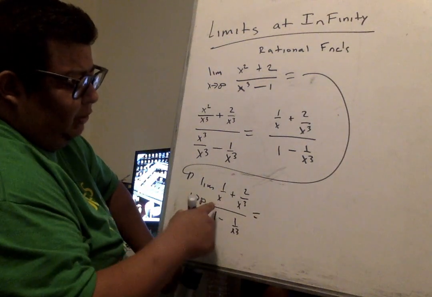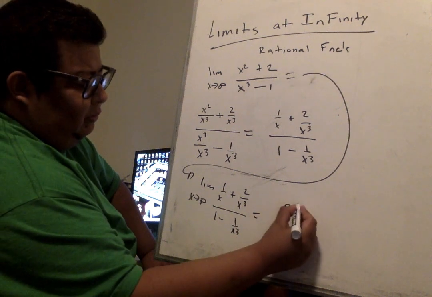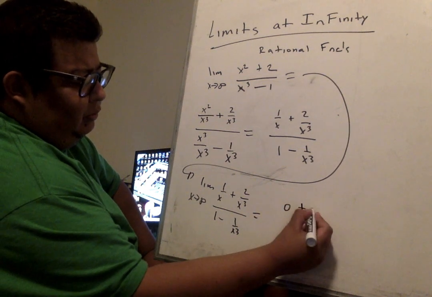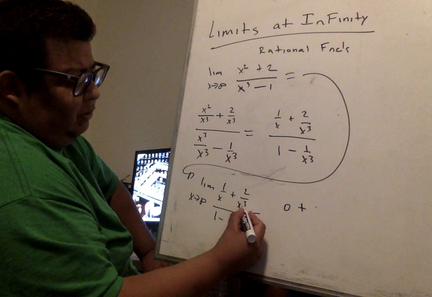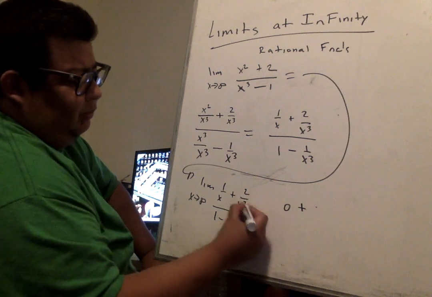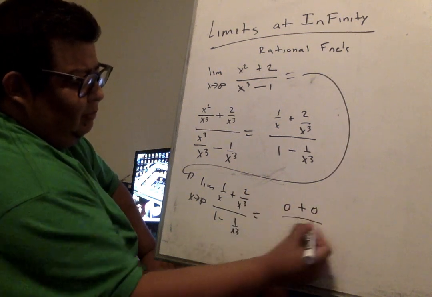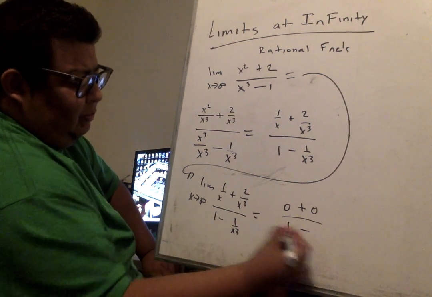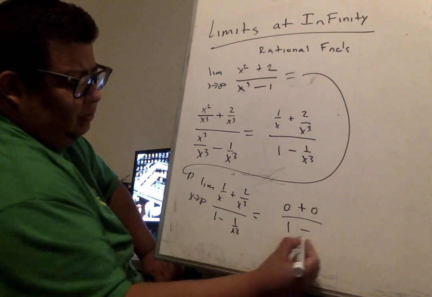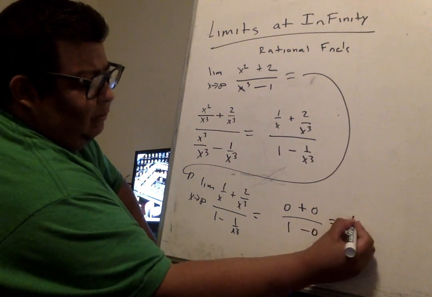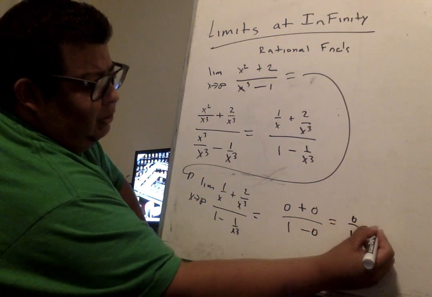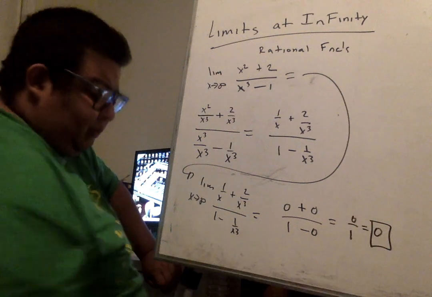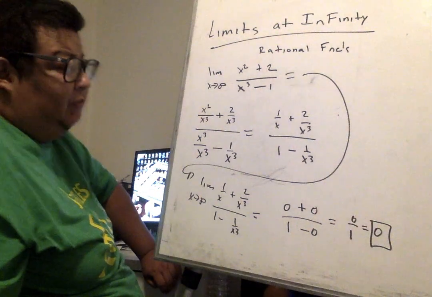That's 1 over x, that's 0, plus 2 over x cubed becomes 0. Limit of 1 becomes 1, and this term becomes 0. So we're left with 0 over 1, which is just 0. So that's the first answer, 0.